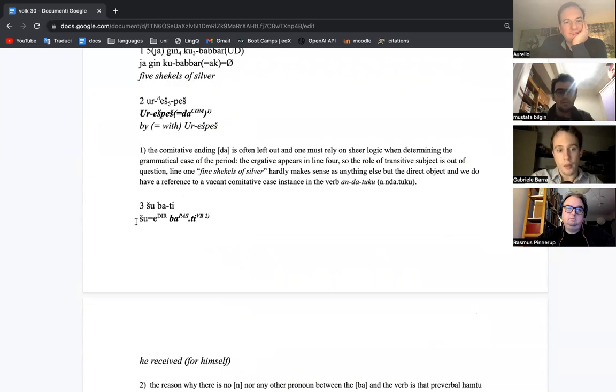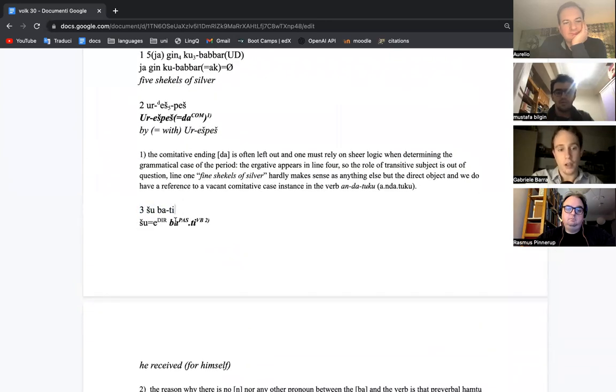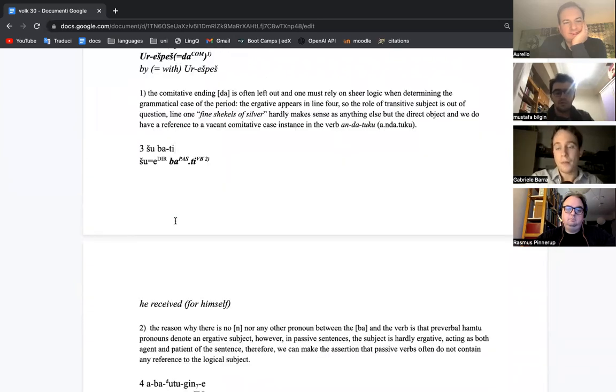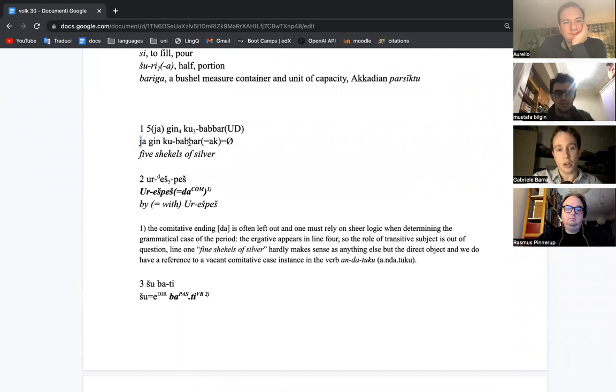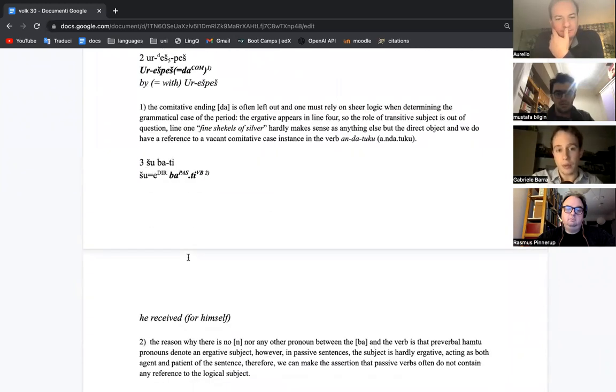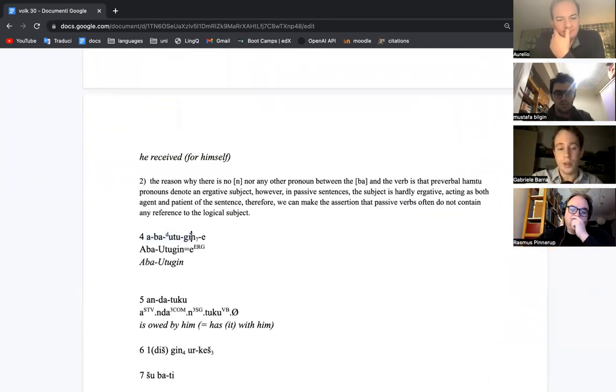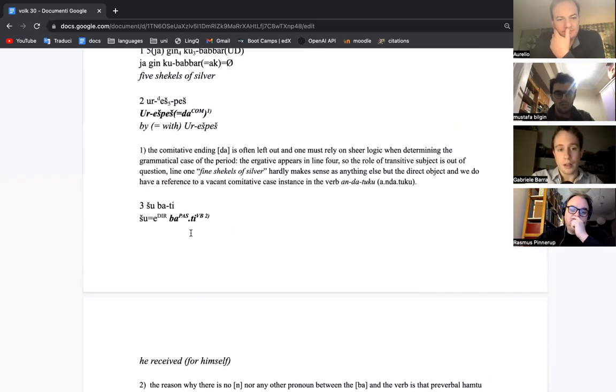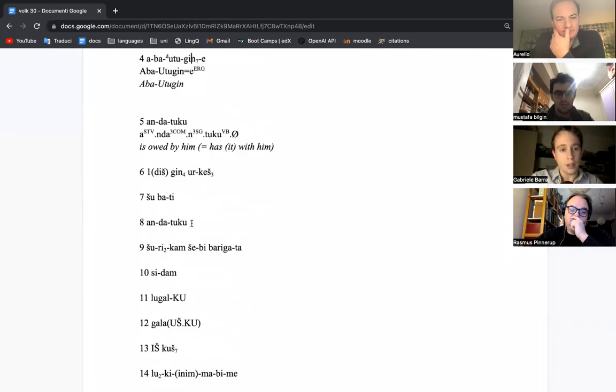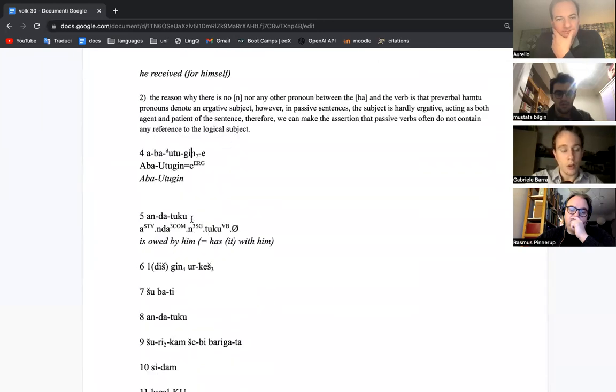And we also have Shubati, which stands for it was received. He had received for himself. So we know that the 5 shekels of silver were, well, accepted by Aba-Utugim. And yeah, that would be the whole sentence explained for you.